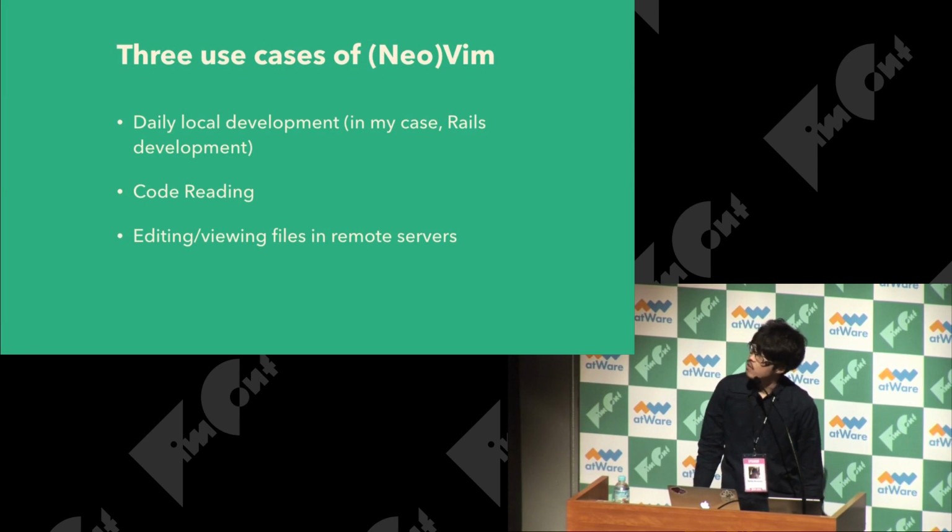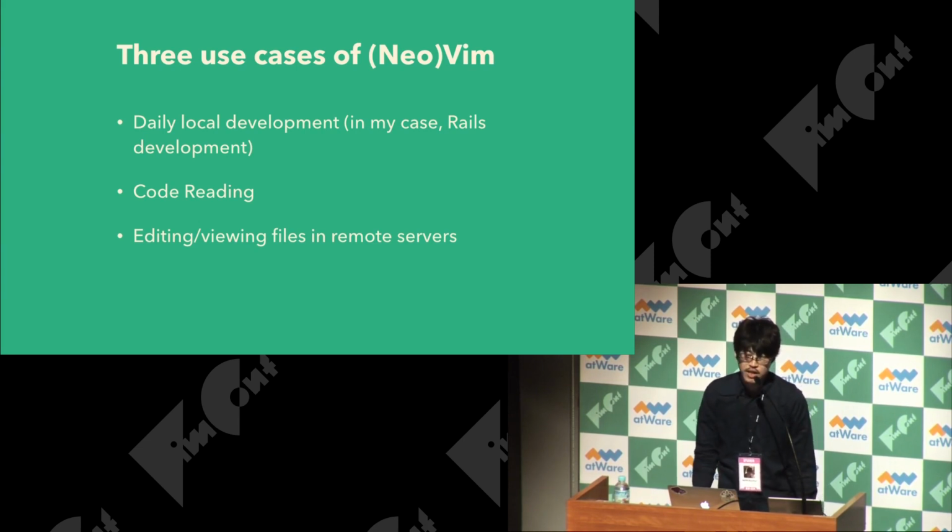Okay, so as I mentioned, there are mainly 3 use cases of Vim or NeoVim I use every day. One is daily local development, which you also do most of the day. For me, it's Rails.